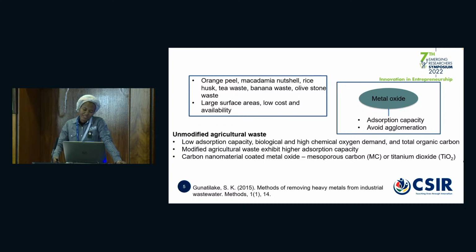There are already adsorbents used as carbon nanomaterials coated with metal oxide. And some of these carbon nanomaterials include mesoporous carbon, graphene, and carbon nanodots. When they are coated with metal oxide, such as titanium, they are used because they are non-toxic, they are stable, and of course they are cheaper.